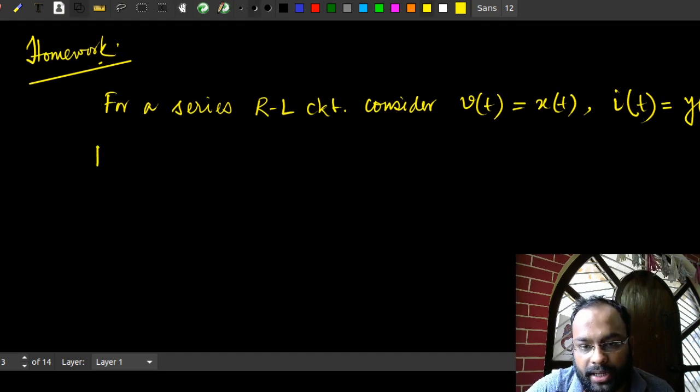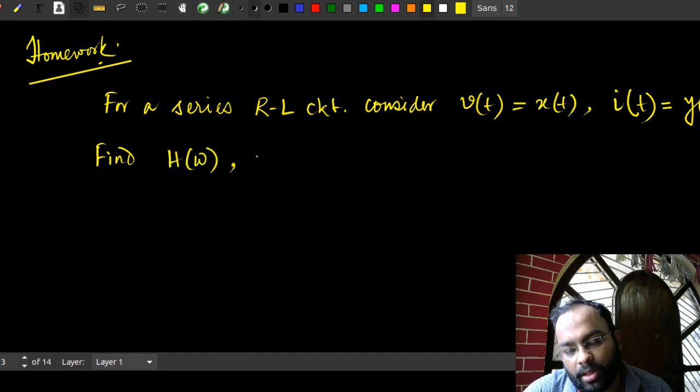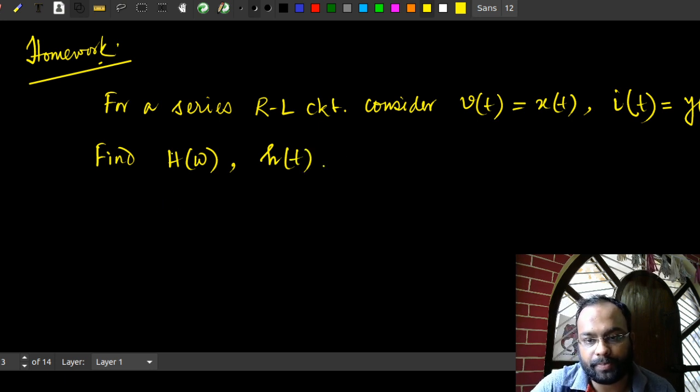Then find H(omega) and h(t). So the frequency response and the impulse response.